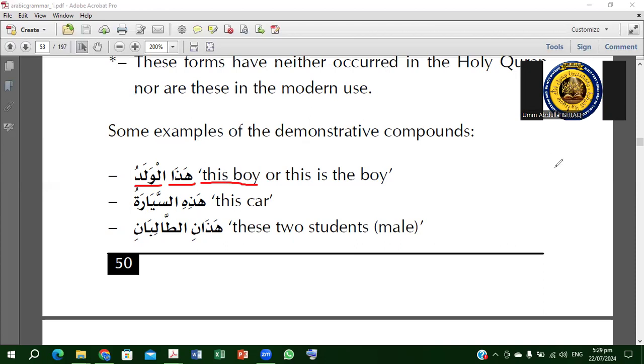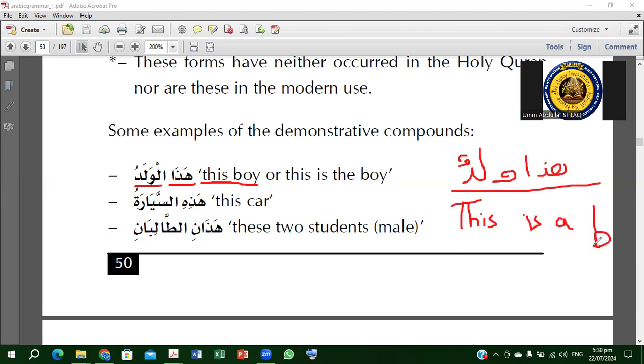If I change it, if I say haza waladun, you know what it means now? It means this is a boy.